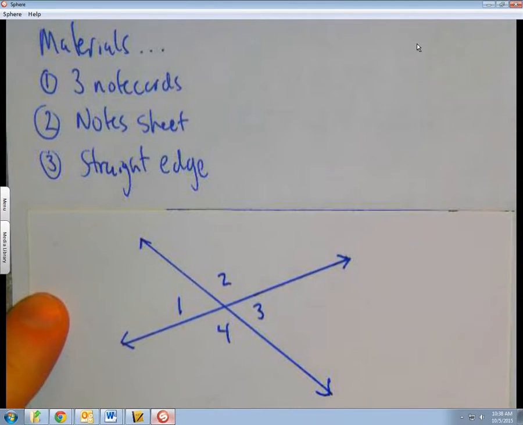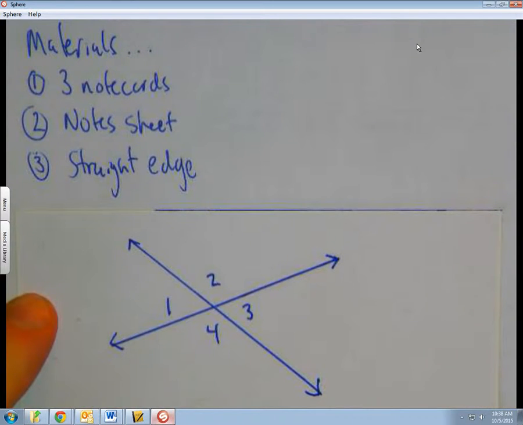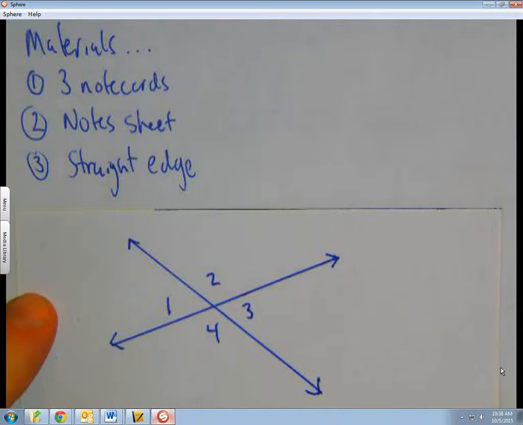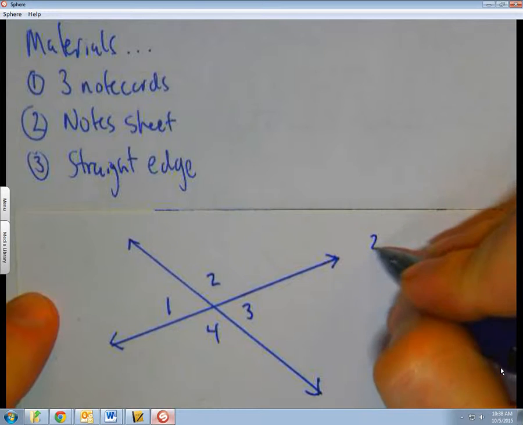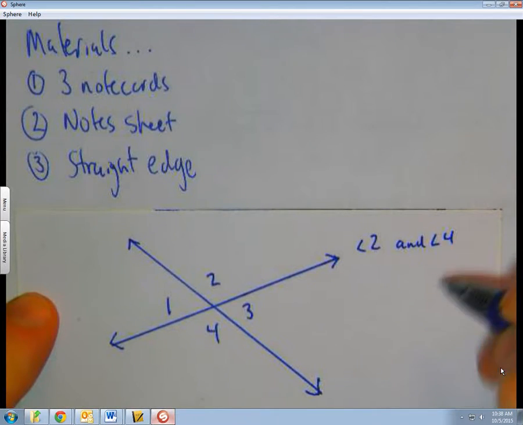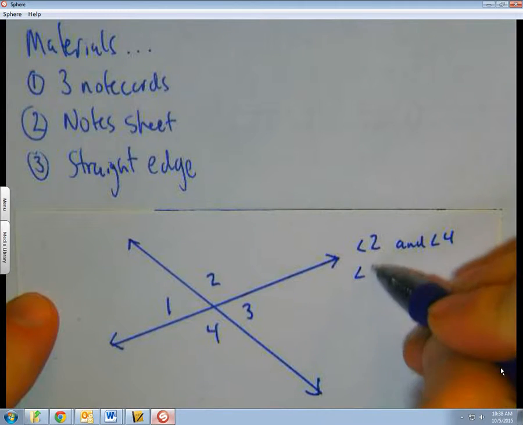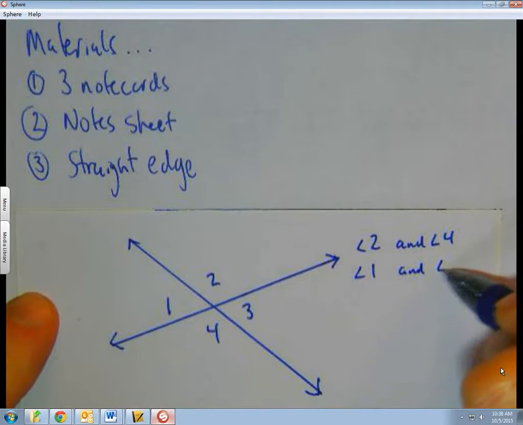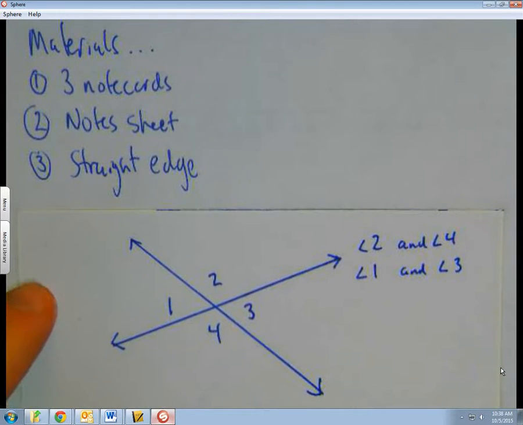So vertical angles, they're pairs of vertical angles. So angle 2 and angle 4 and angle 1 and angle 3. Okay, so same kind of thing.